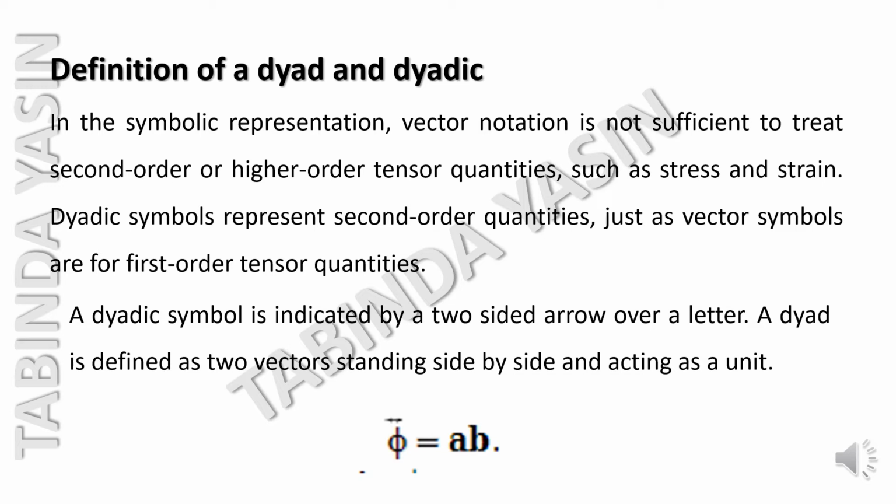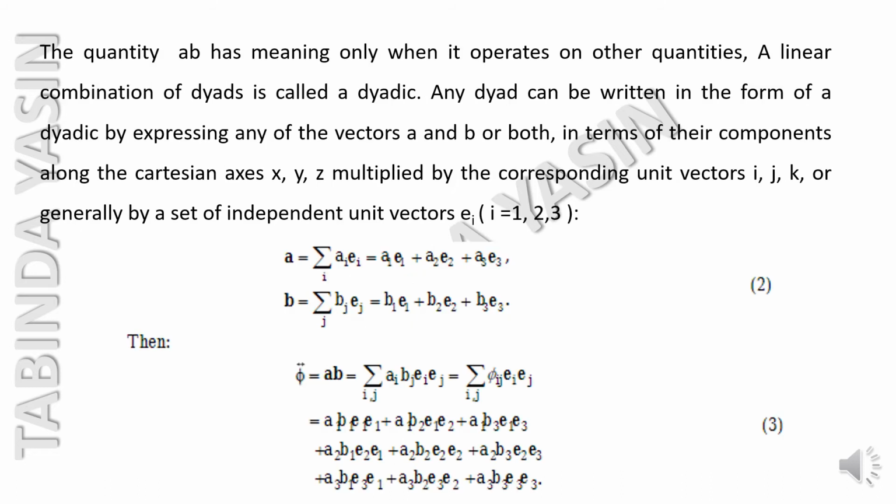A dyad is defined as two vectors standing side by side and acting as a unit. It means that these two vectors represent a second order quantity, so they are standing side by side and acting as one unit. The quantity previously written as phi dyadic equal to AB has meaning only when it operates on other quantities.